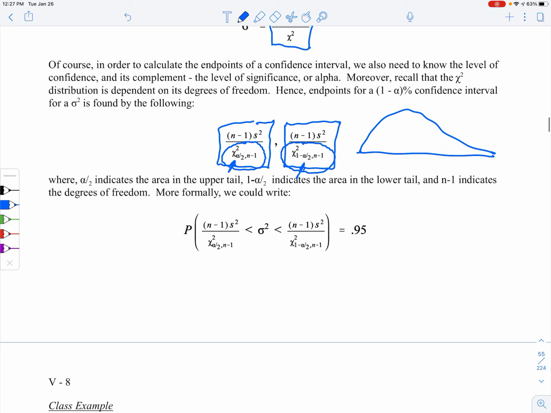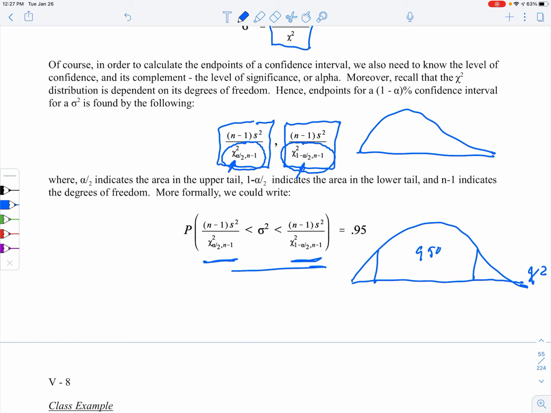So this is what we end up with, our confidence interval looks like this here. So we just need to find the lower bound and the upper bound, and then put it into the formula like this. So let's go and do that. Just one thing I want you to note here is, let's take a look at a chi-square distribution here, and you can think of 95% in the middle here, and so that would leave us with 2.5% on each side.